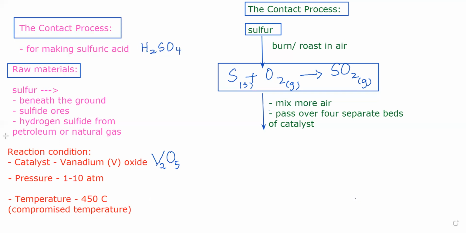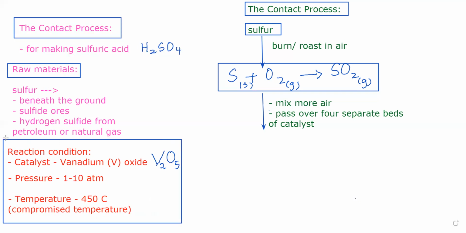Now, getting back to our stages, reaction conditions we already have. Here we are passing it over the catalyst vanadium 5 oxide, and what will happen? Since sulfur dioxide was already there and we were adding more oxygen, it is going to give us sulfur trioxide. This is the main equation of the reaction. Since it is a reversible reaction, we use the equilibrium sign.